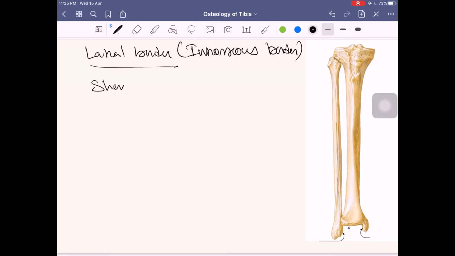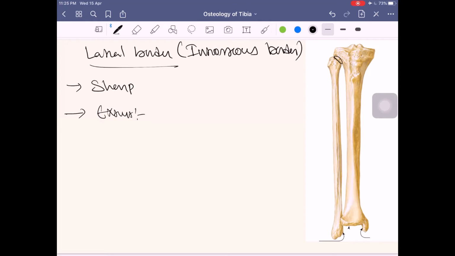Again this is sharp, not as sharp, but it is a sharp border, the second sharp border, because the interosseous membrane attaches here. And the extent, again, is from the lateral condyle all the way below the facet for the fibula. Here you have the facet for the fibula. It is below the facet, and from there it goes down.